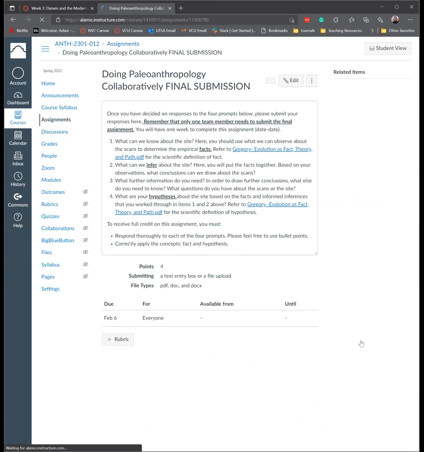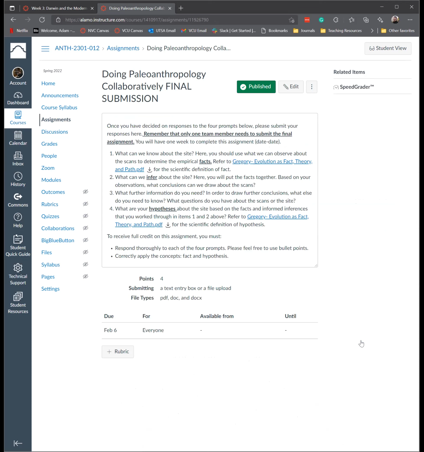Once you have a conversation about it, only one person on your team will compile all of that together and then submit it here. And then everybody on the team gets credit for the assignment. So if you're not part of the conversation, you're not going to get credit for the discussion portion, the one we just looked at.